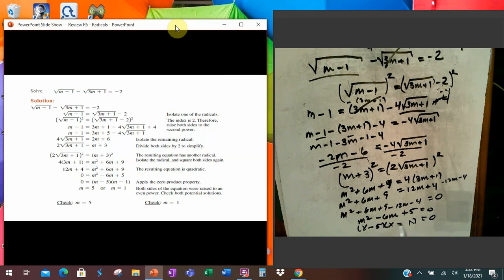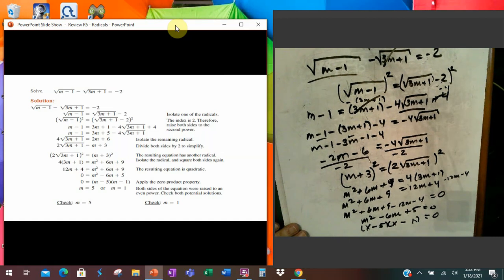That sign is negative. Okay. So from this factor, m is equal to 5, m equal to 1 when I set each one of those factors equal to 0. Okay. And if we check both of these things, both of them would work, and we would get 5 and 1 as our solution set. How do I know?